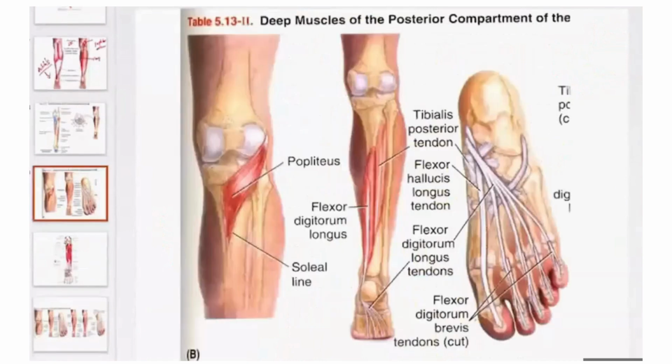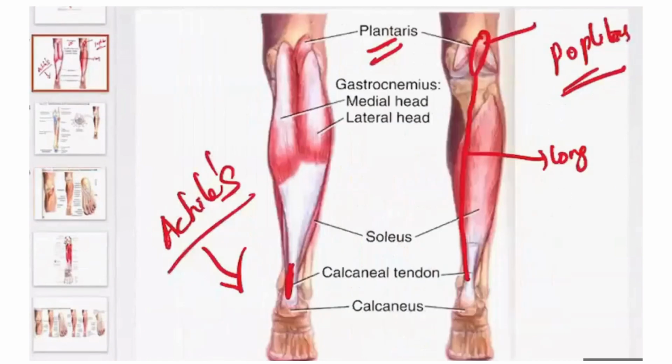So far we completed gastrocnemius, soleus, which is the peripheral heart, and plantaris. Next muscle is popliteus.